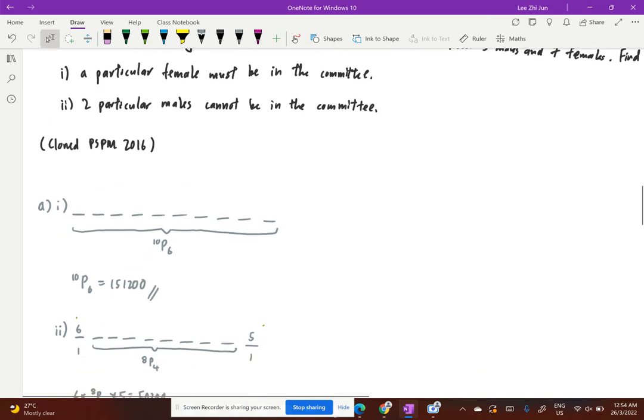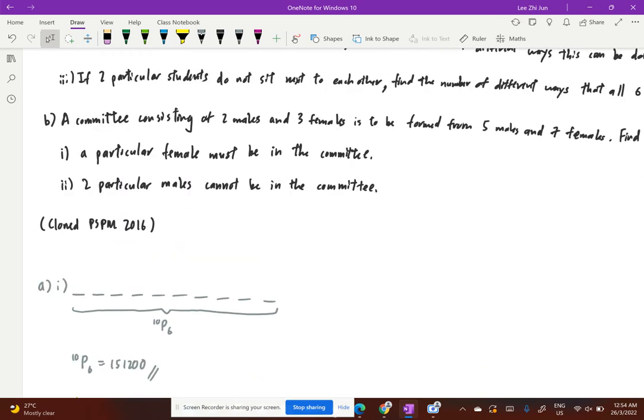If a particular female must be in the committee, the five males give 5C2, and the particular female is chosen, so 1C1. So 7 minus 1 equals 6 left, 3 places minus 1 equals 2 places left, so 6C2.